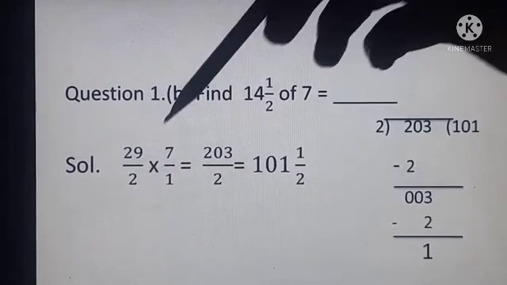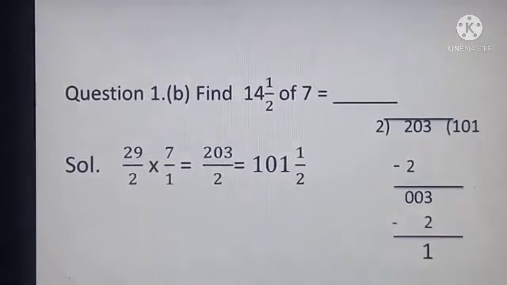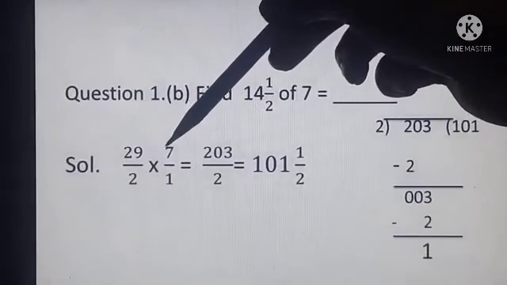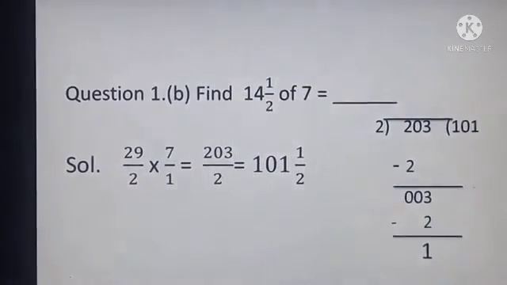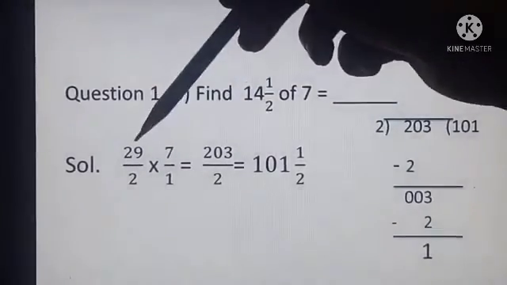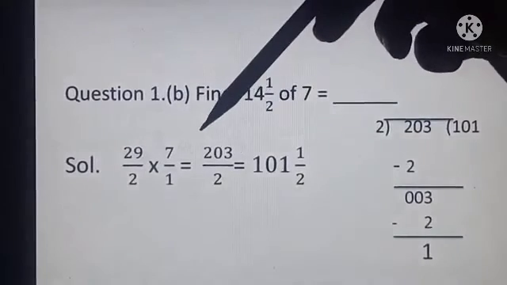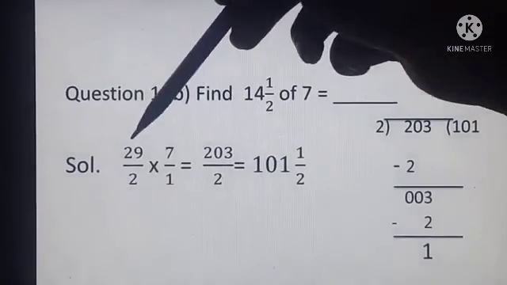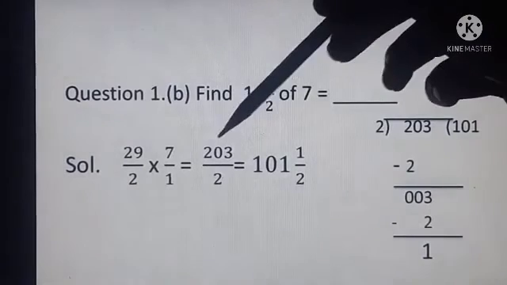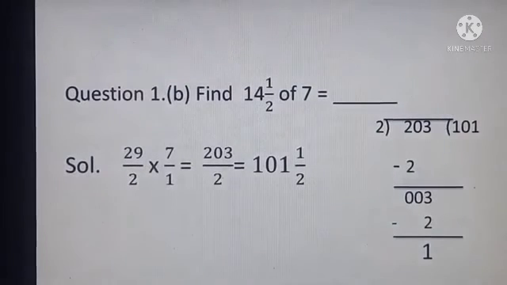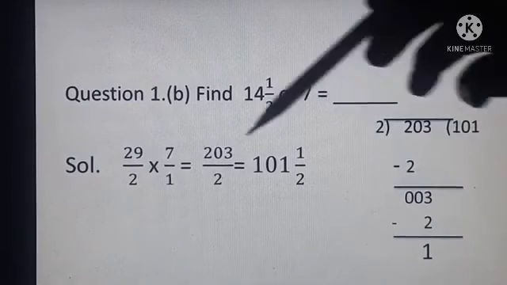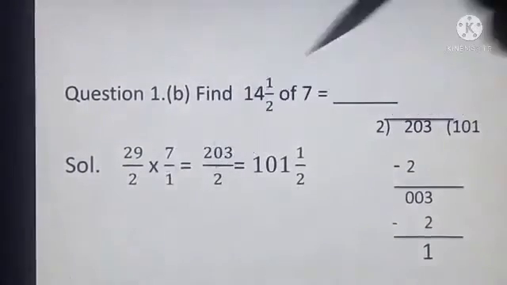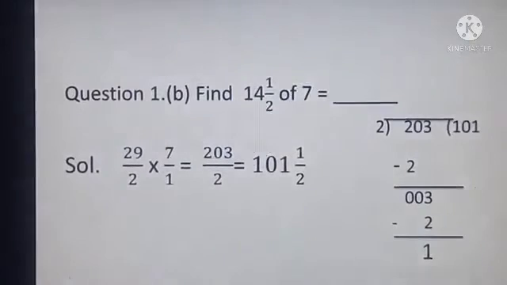Right? So we will multiply 29 sevens. 29 multiplied by 7. 7 nines are 63, 3. Then 6 will be carry. 7 twos are 14. 14 plus 6, 20. So 203. If you have not done orally till now, then you can do in rough column. 203, 2 ones are 2. So it is 203 upon 2.